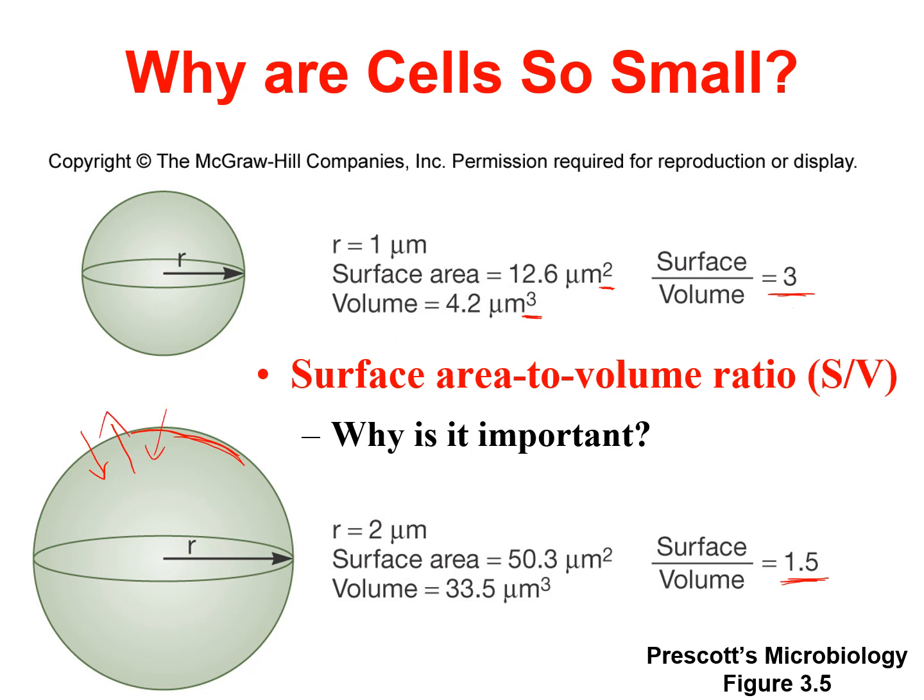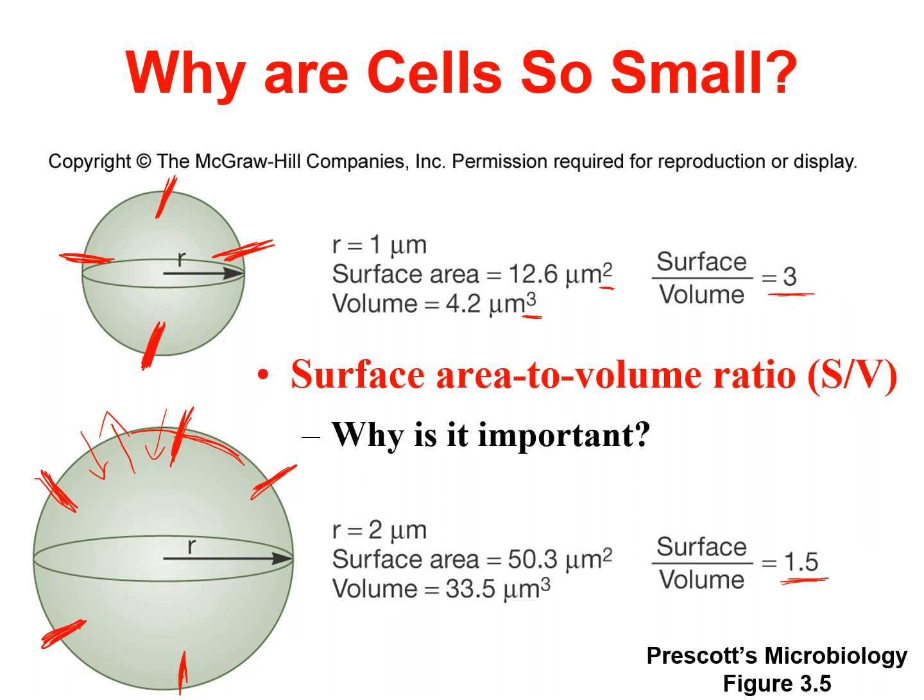So kind of the way that I think about the transport is if you had a city with roads going in and out, and that's how you're going to be transporting food in, waste out, and then if that city grew, the surface area is not going to increase as fast as the volume, so you're going to have a lot more people living inside the city, but your roads, your surface area, hasn't really increased as much, and so you haven't built a lot of new roads.